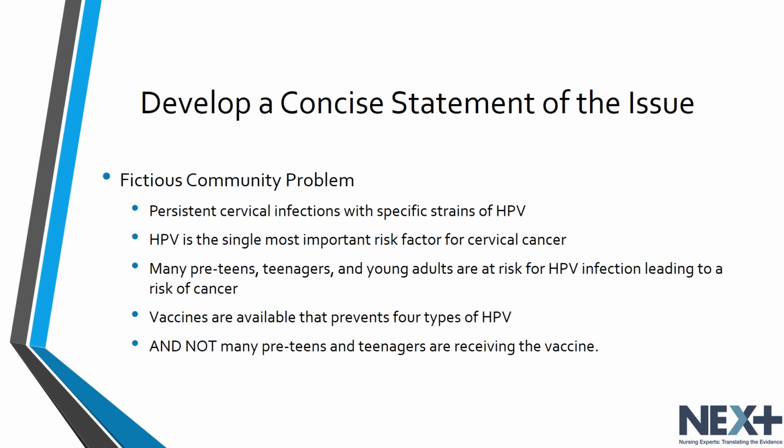With research, we know that HPV is the most important risk factor for cervical cancer. We know, based on CDC data, that youth and young adults are at risk for contracting HPV. There are 3 HPV vaccines on the market that protect against HPV types 16 and 18 that cause most HPV cancers. And through health department data, we know that many preteens and teenagers are not receiving the vaccine.